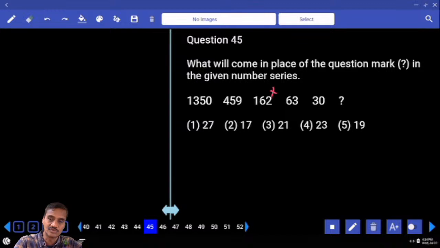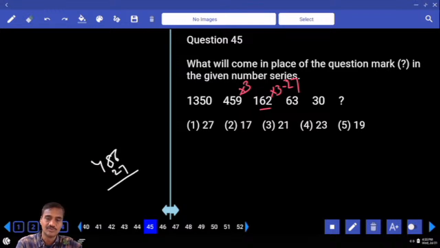Now 63 into 3, how much? Now 60, 180, 189. 189 and this one. Now how much is this one? 189 and 162, 27. Must be into 3 minus 27. 162 into 3 and 16 into 3, 48. That is 486. 486 minus how much?